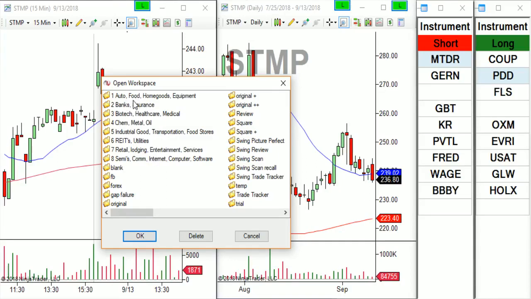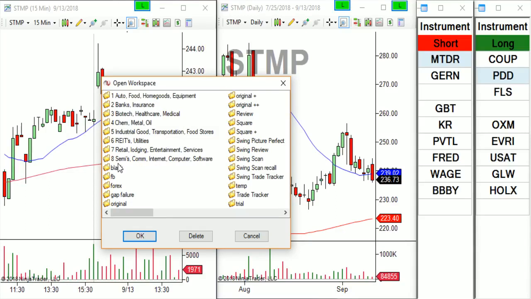The first thing you'll see is that they're broken down into different sectors. Inside this first workspace is an array of, it depends, some are larger than others, but roughly 75 to, I think the biggest one is maybe 120 stocks, inside of each sector here.